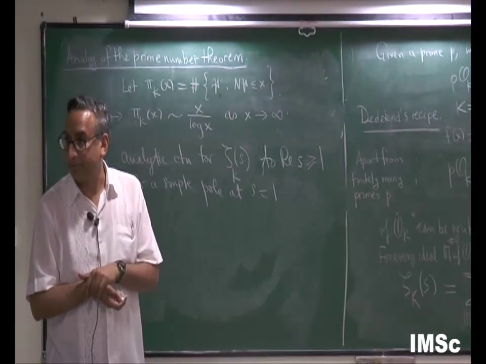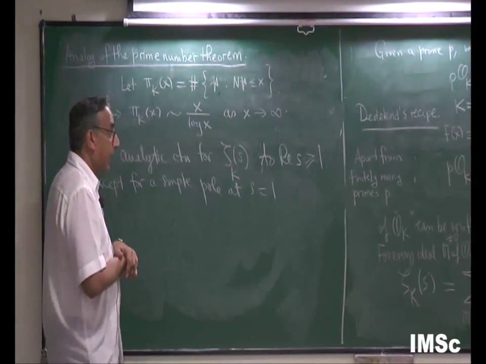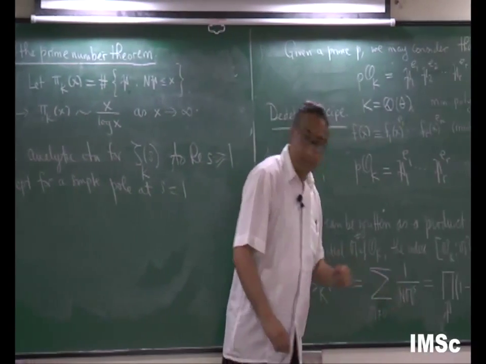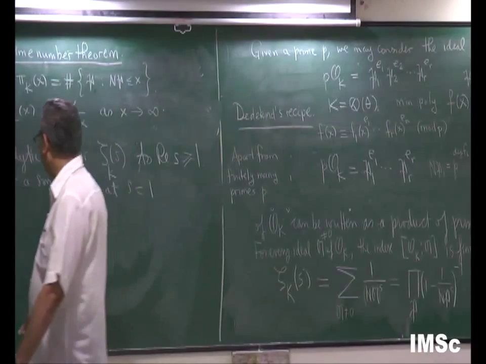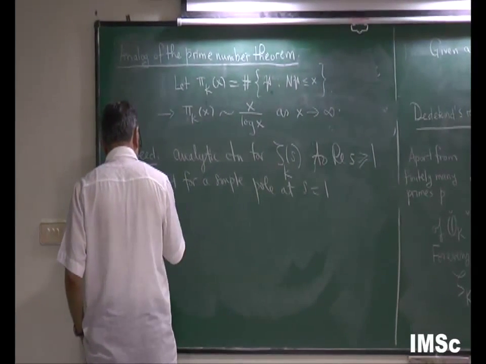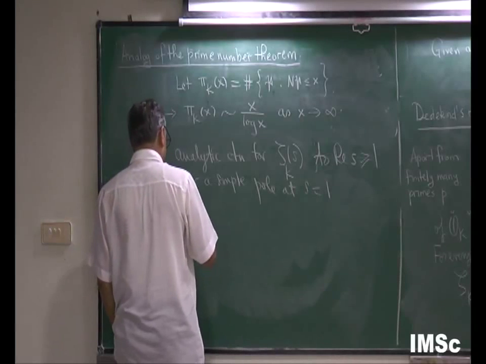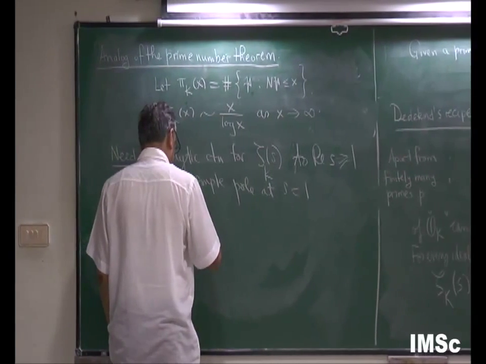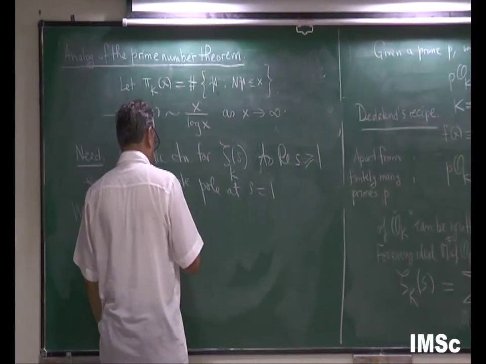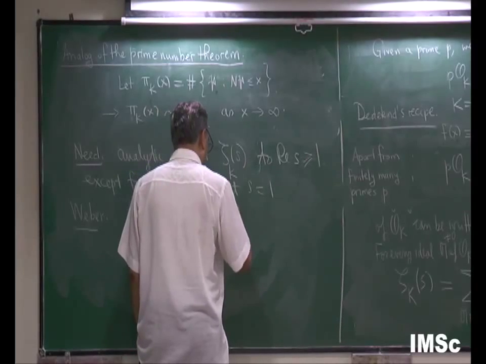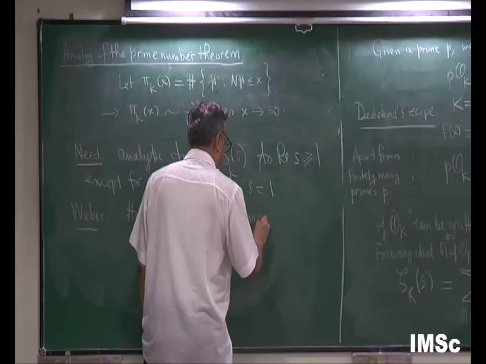He solved it. What he did was he actually counted the number of integral ideals up to x. So Weber counted the number of ideals with norm less than or equal to x.